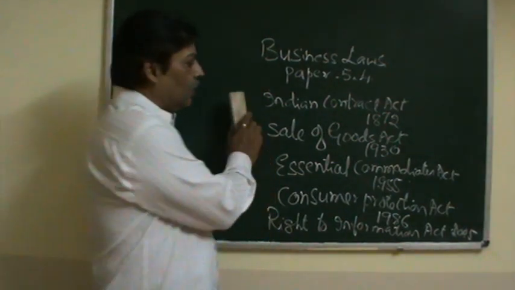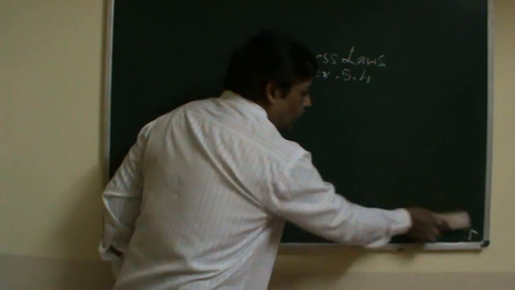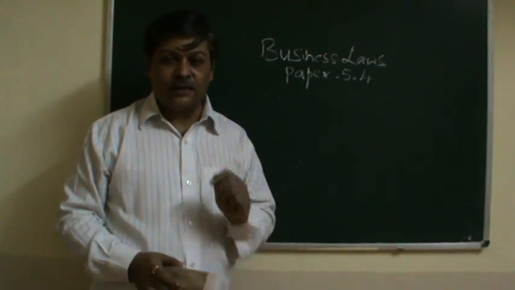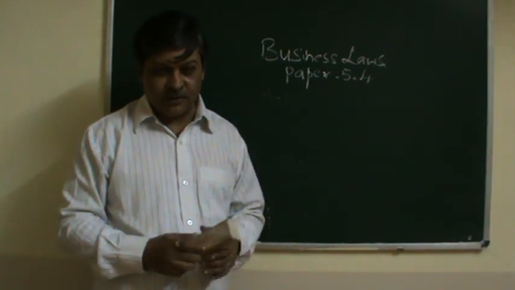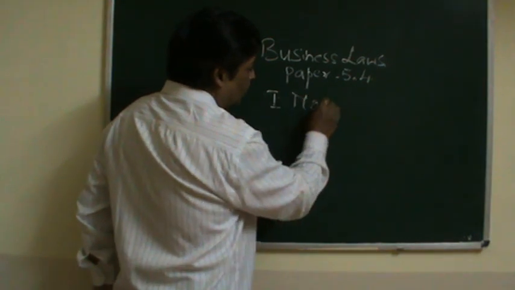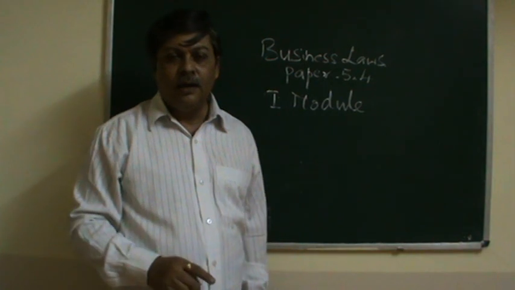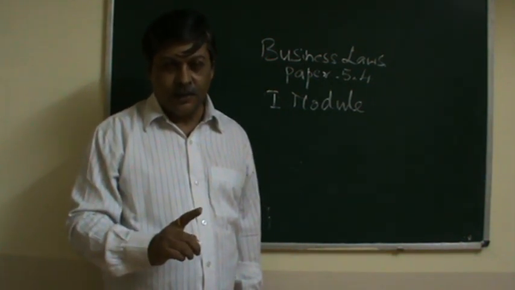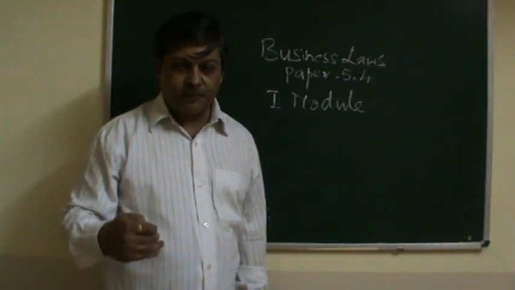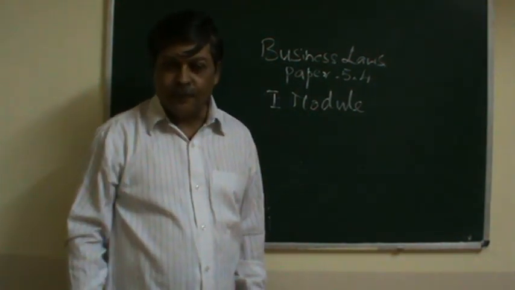Totally, in the syllabus as prescribed by the university, the whole syllabus is classified into 5 modules. So the first module. You have got totally 5 modules. These modules deal with the different aspects related to these acts which I have previously mentioned to you.